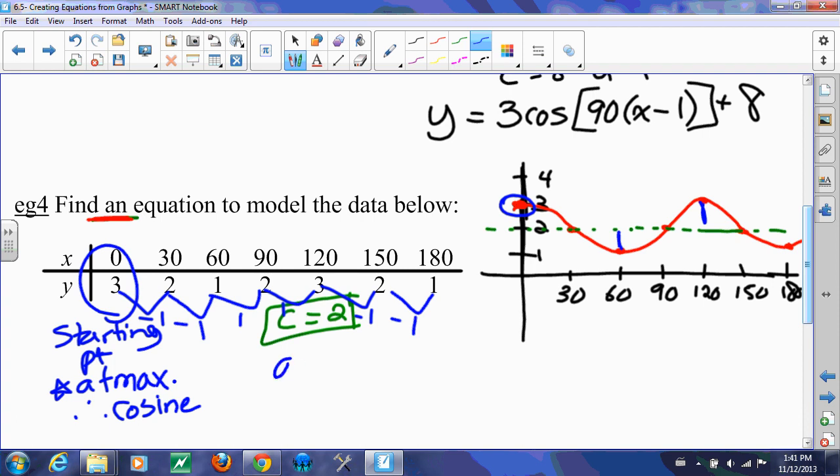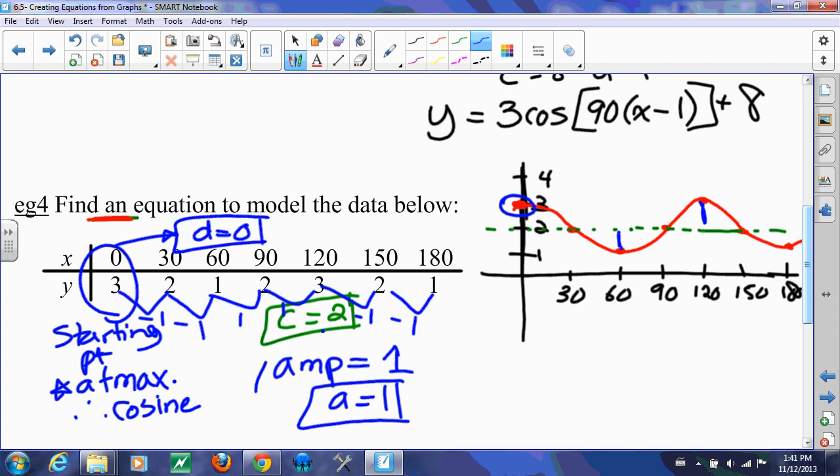So amplitude equals 1, because A equals 1, because it's the absolute value of A, right? So so far we have A equals 1, and we have C equals 2. What would D equal, guys, if we're starting at our maximum when x equals 0? That tells us that D equals 0, because we're going to start there at our max.